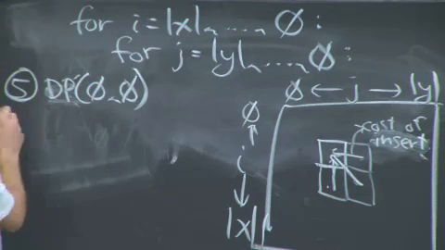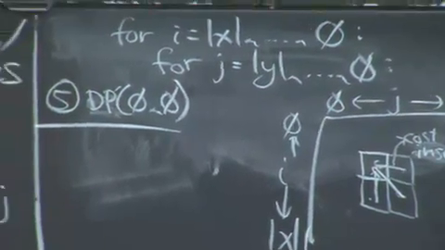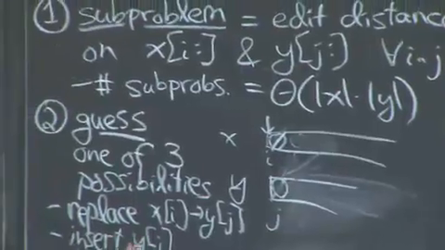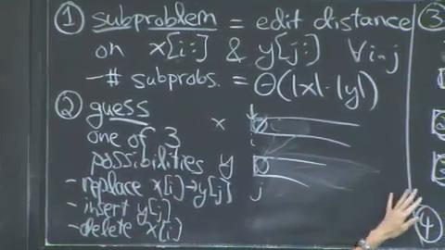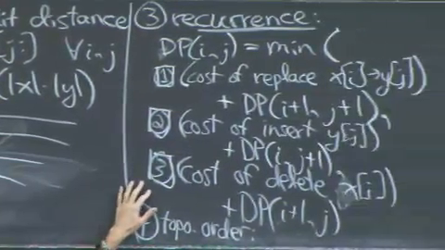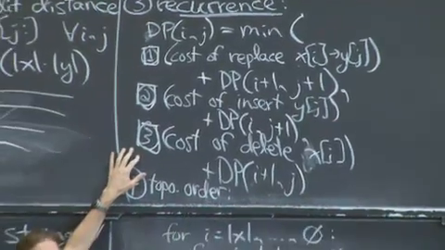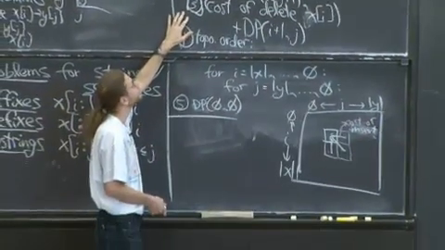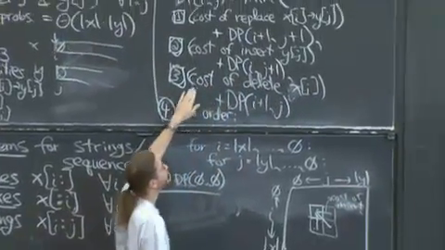OK, what's the running time? Well, the number of subproblems here is x times y. The running time per subproblem is... I'm assuming that I know these costs in constant time.